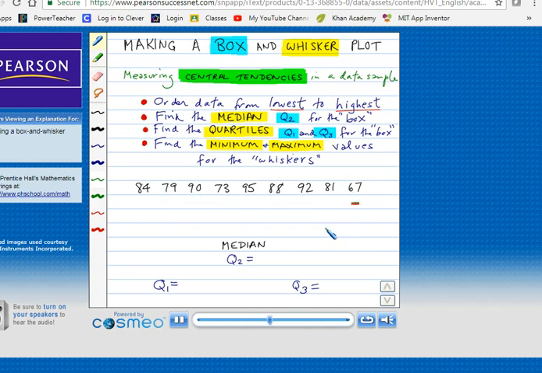Now, the first thing we need to do is to order the data from the lowest to the highest. So let's look at this, and I will give you time to write out the data in order from lowest to the highest.